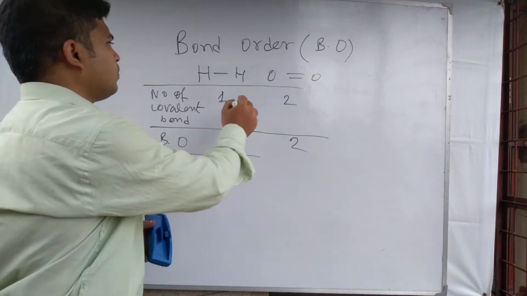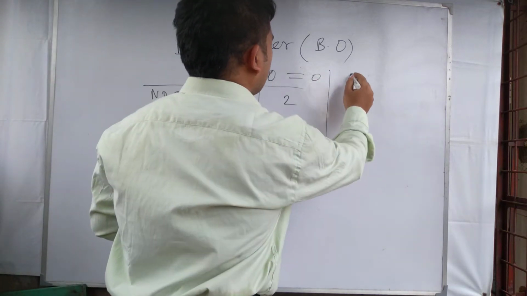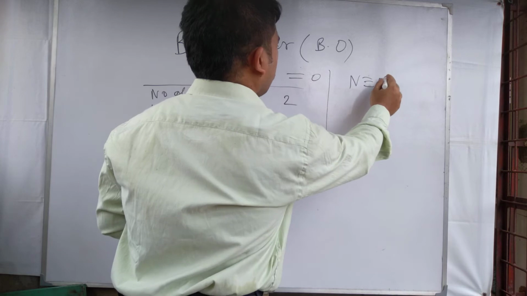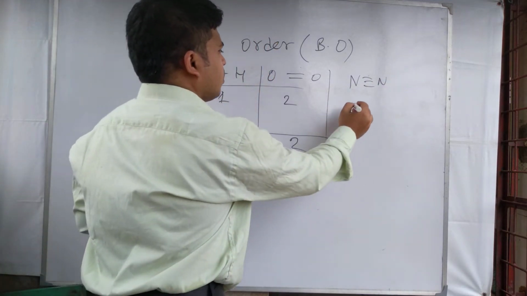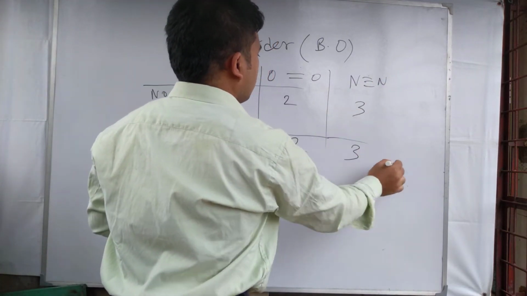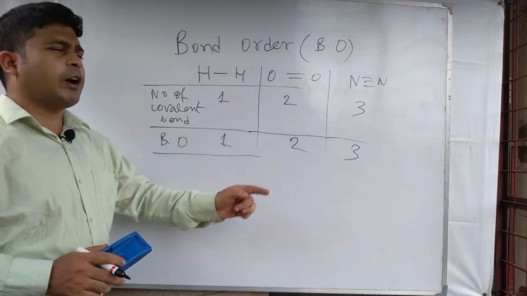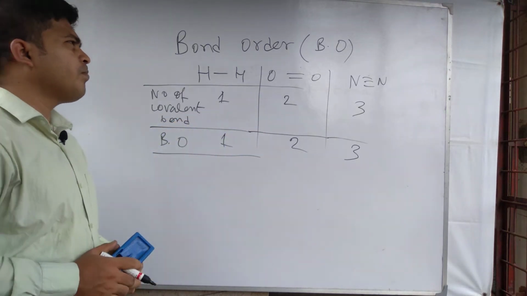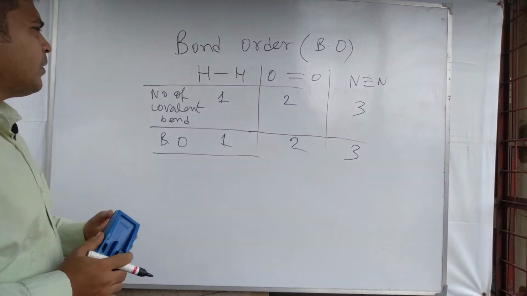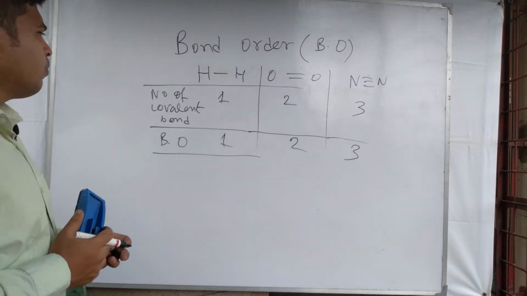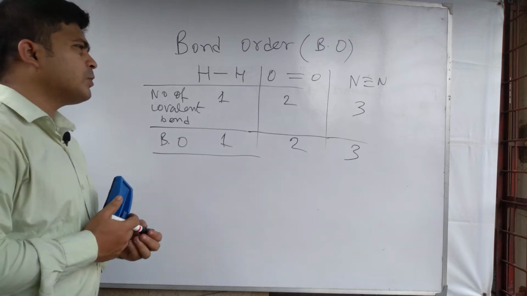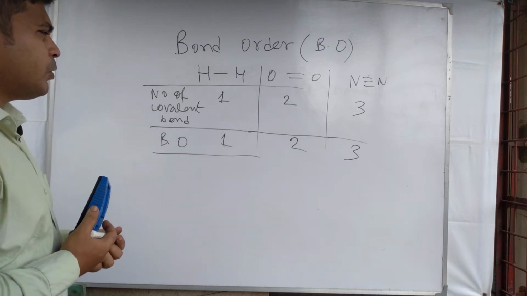Now for the N2 molecule, bond order is 3, and the number of covalent bonds between two nitrogen is also 3. The bond order tells us the number of covalent bonds that are present between the two atoms.